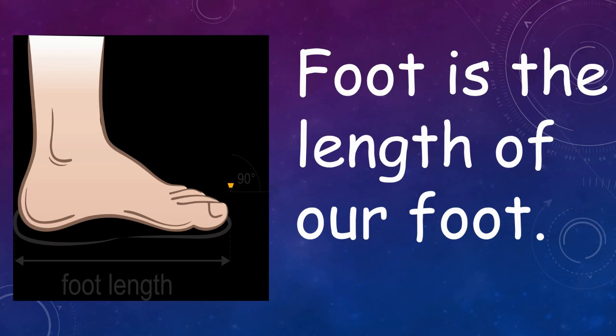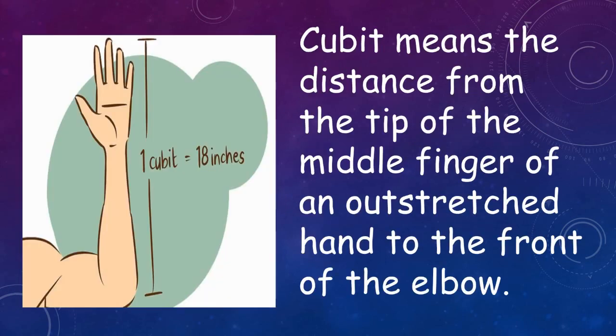Foot is the length of our foot. Children, cubit was also used for measuring length. Cubit means the distance from the tip of the middle finger of an outstretched hand to the front of the elbow.